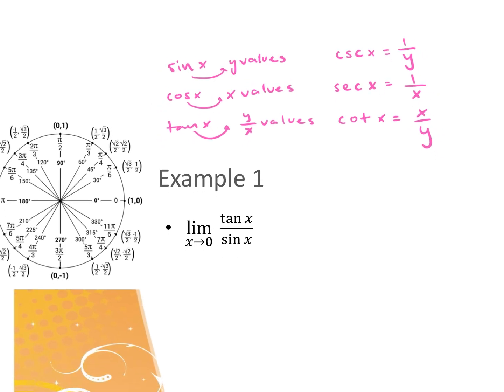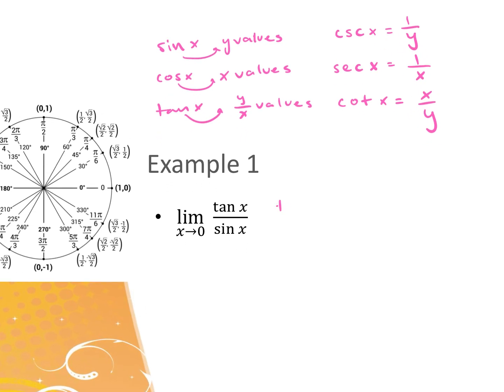So if I just plugged 0 in right away, I have the tangent of 0 over the sine of 0. Well, the tangent of 0, tangent we said is y over x, so we're looking at 0 here. Y over x would be 0 over 1, which would just be 0.